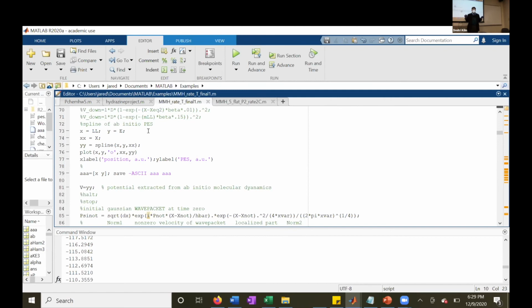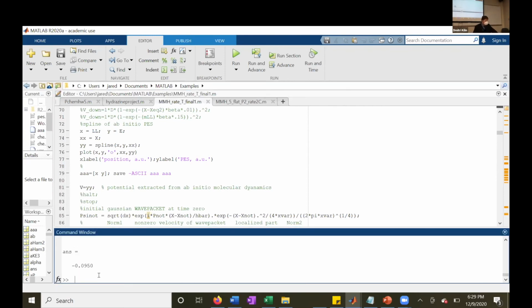But if you need to find the barrier energy, we can do it just by plotting V and analyzing it. Click here, Control C and type figure, enter, plot V. Good.